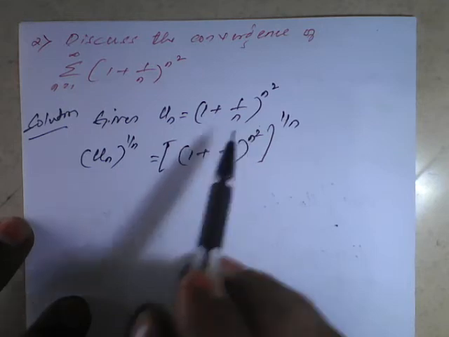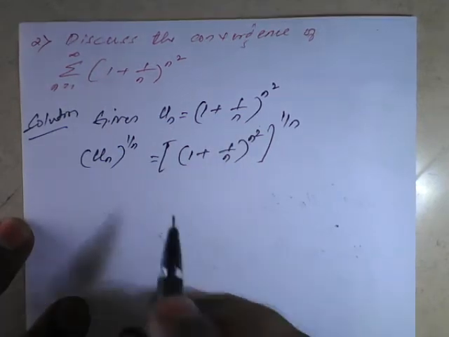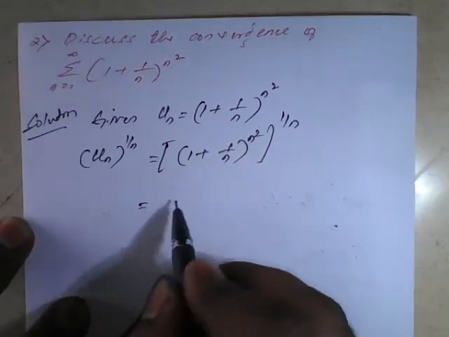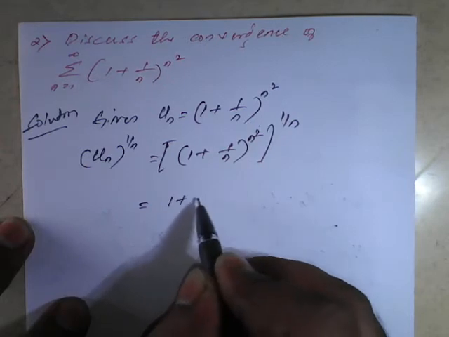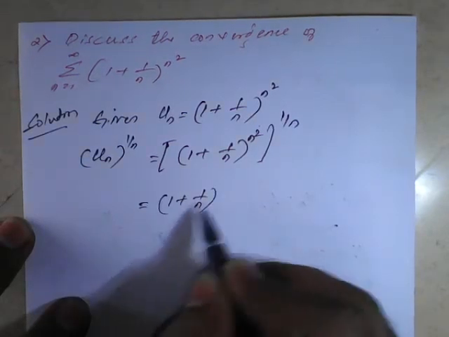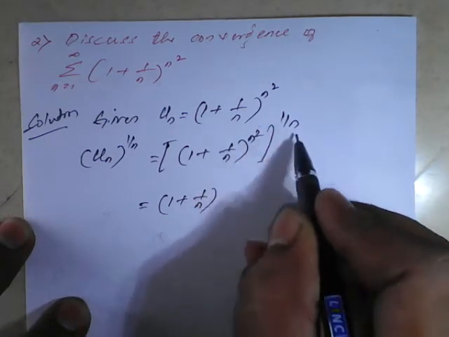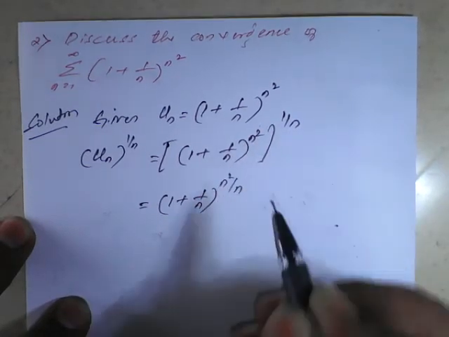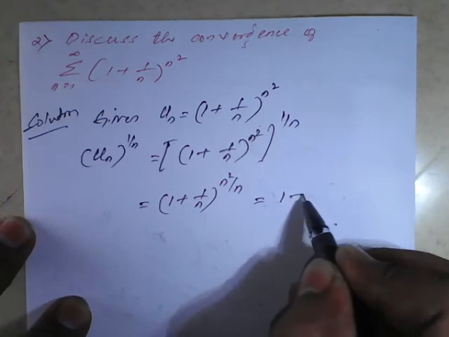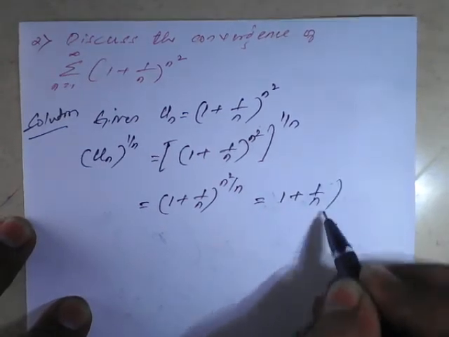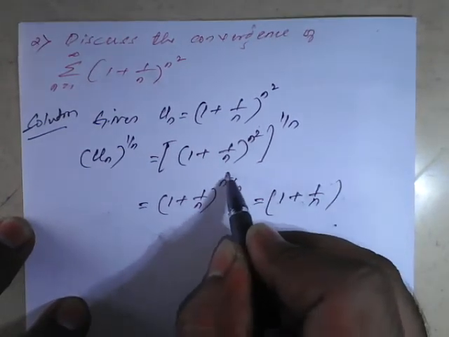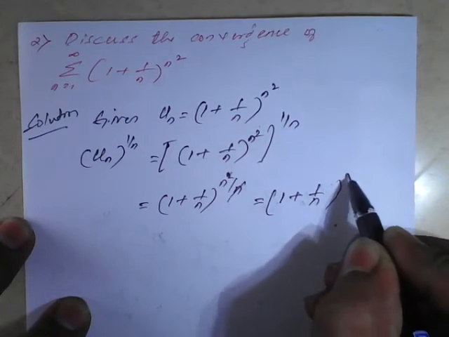Now we'll simplify this. On simplification, we apply the exponent formula, so this becomes n square upon n, which is nothing but (1 plus 1 by n) raised to n, as one n cancels.